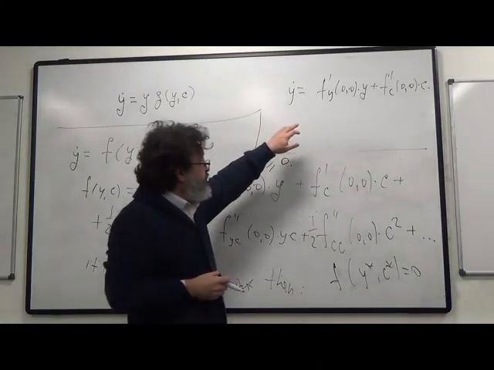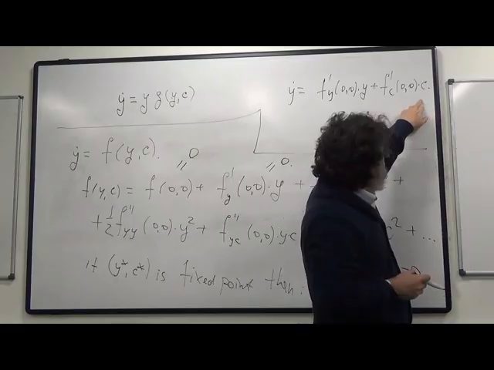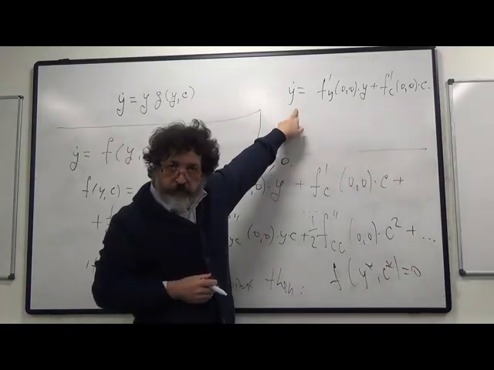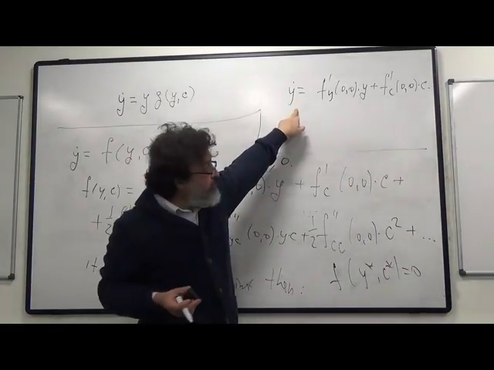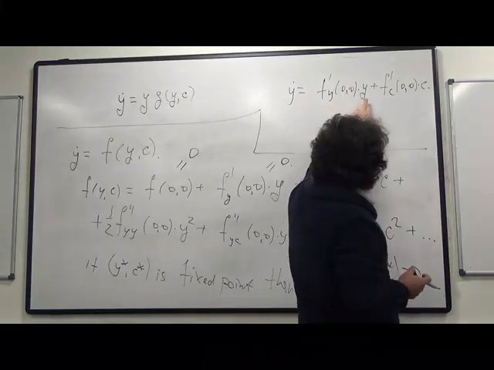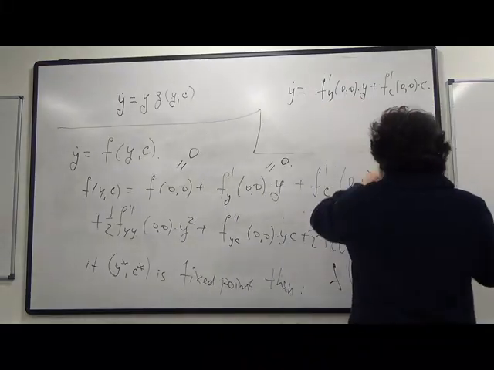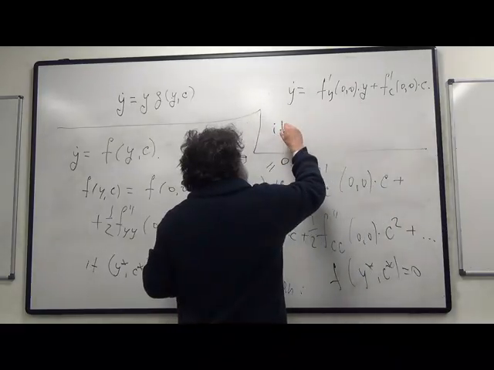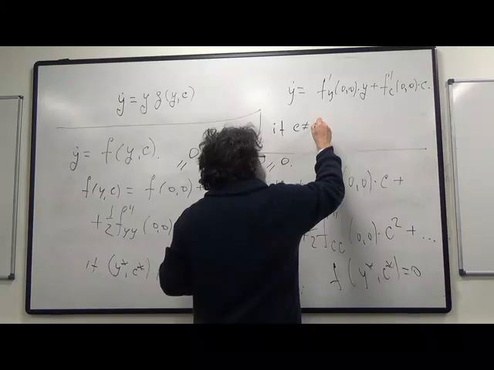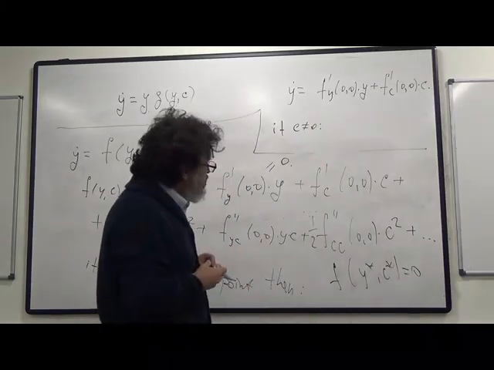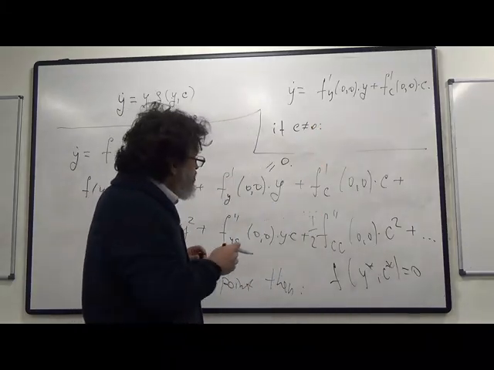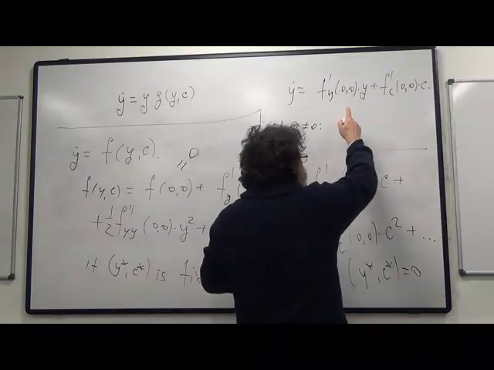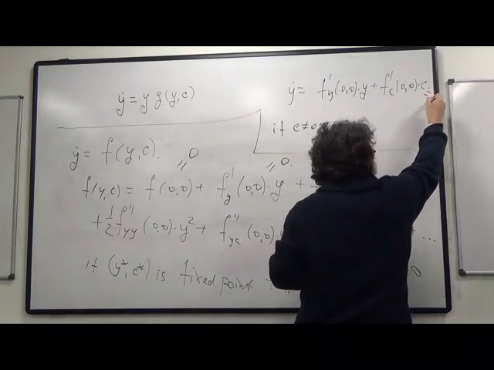So we see that if y is 0 and c is 0, y dot is 0. Fine, a fixed point. Otherwise, what would the fixed point be if c is non-zero? If c is non-zero, then all of this should be equal to 0.